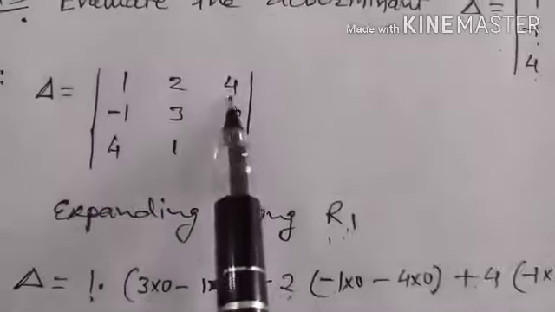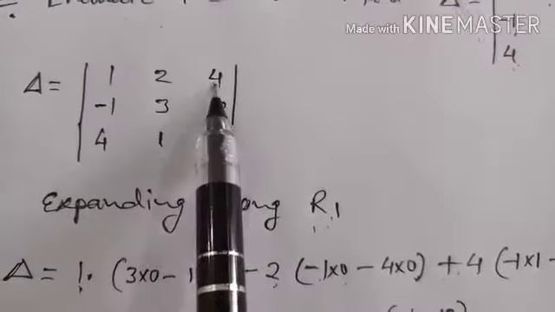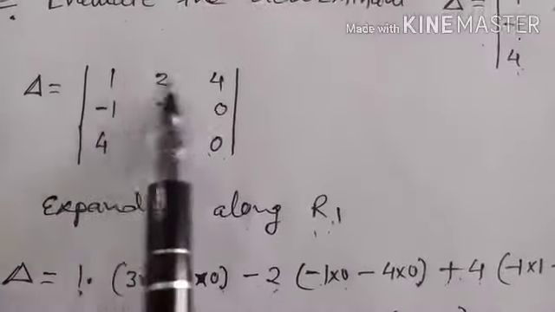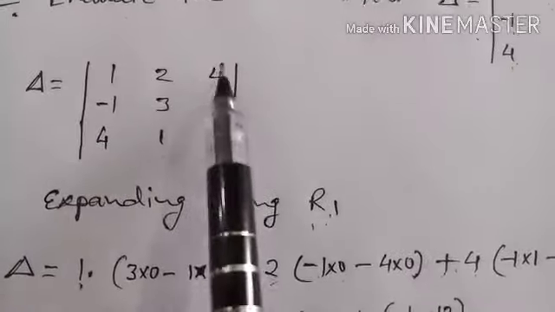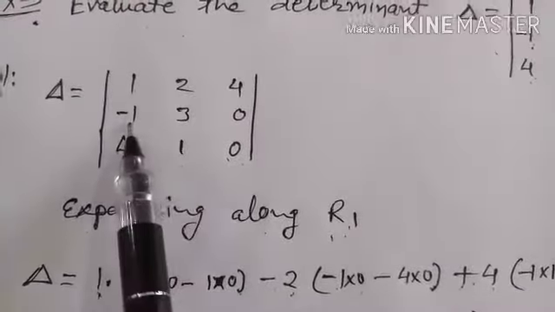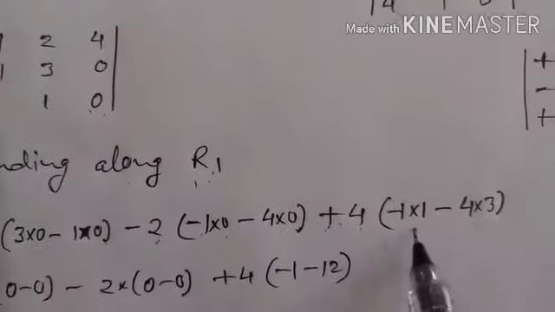Plus last element 4, plus sign. Since 4 lives in first row and third column, so first row and third column deleted, so only this 2 by 2 determinant remaining. So minus 1 into 1, minus 4 into 3.